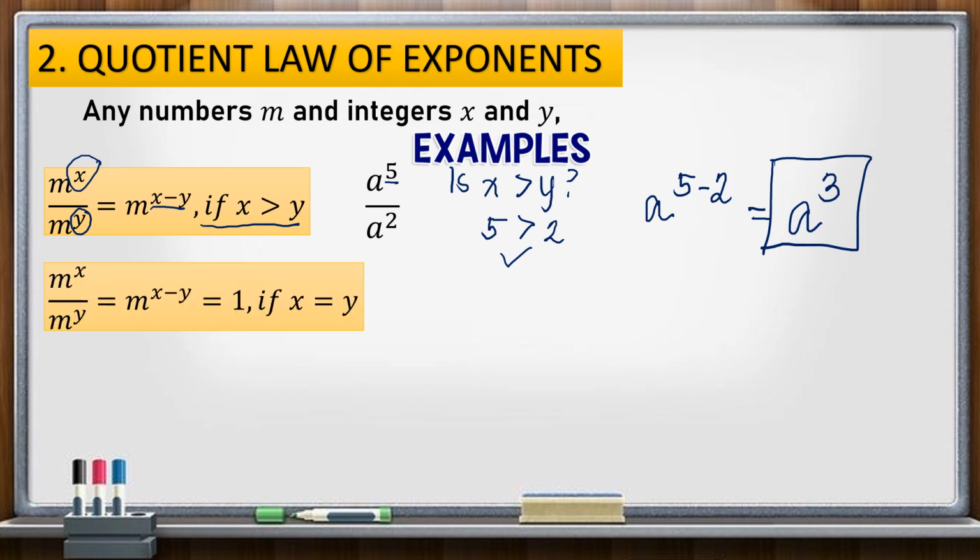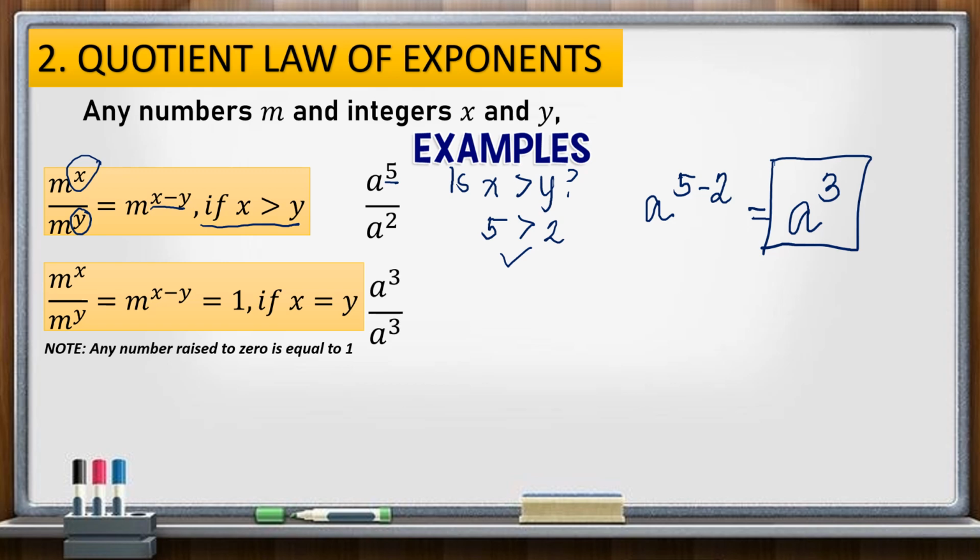Another one, we have m raised to x divided by m raised to y is equal to m raised to x minus y, that is equal to 1 if the value of x is equal to y. Kapag yung exponent ng ating numerator at ng ating denominator ay equal or pareho po, then that is equal to 1, because any number that is raised to 0 is equal to 1.